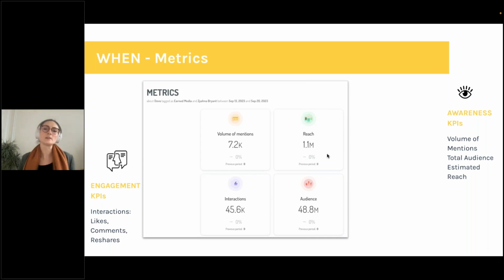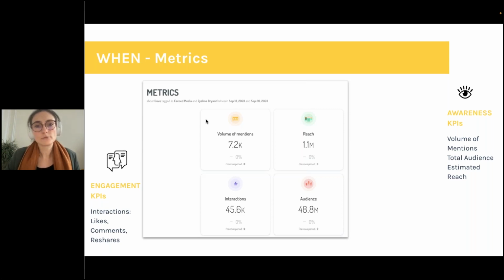The reach, on the other hand, is our estimation of the number of unique persons that have been exposed to this controversy, so it gives you a more realistic view. And then there's the interaction. Here is the total number of likes, shares, and comments, and this plays an important role in the virality of the topic.